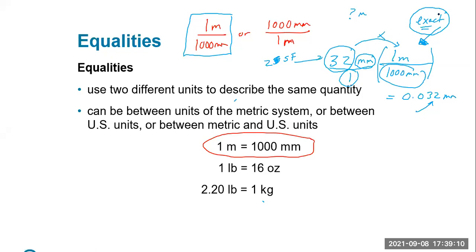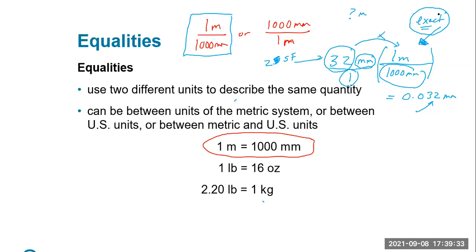If we cross over to an English to metric conversion, like 453.6 grams is a pound, technically you should look at the significant figures in those conversion factors.